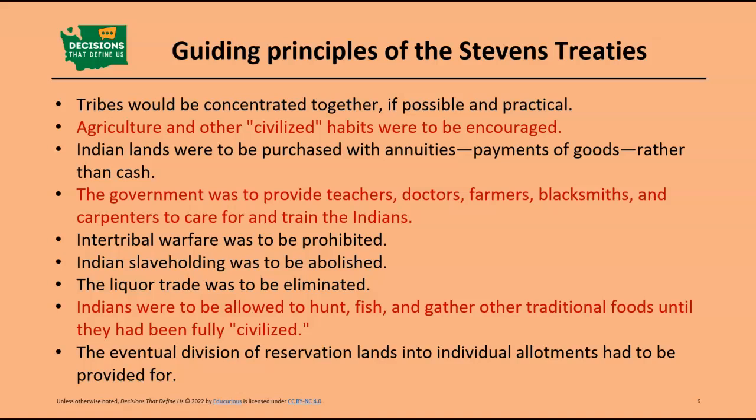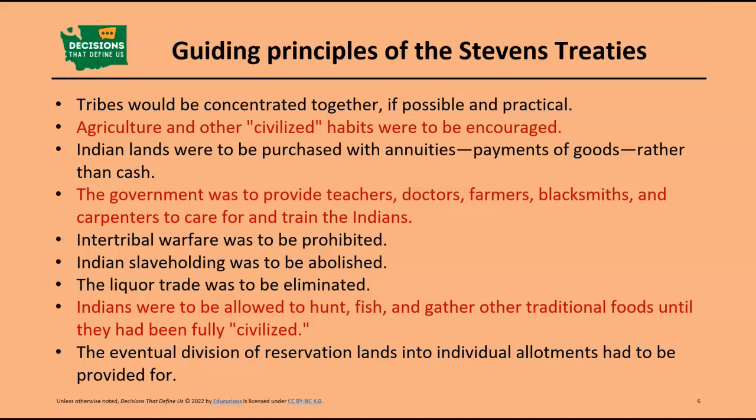So we're going to stop trading alcoholic beverages to Native Americans, and if people try to do that, we're going to forbid them from doing it, and we're going to go after them for doing it. Okay. Another key point that I want you to put a pin in and we're going to pick up later is this idea of Native Americans being allowed to hunt, fish, and gather other traditional foods until they had been fully civilized. Okay.